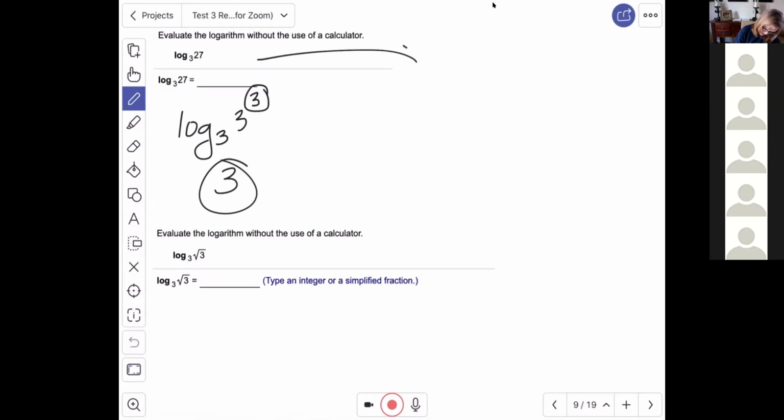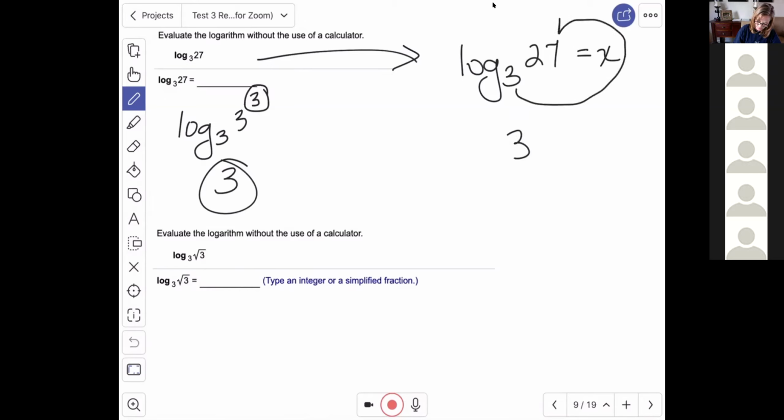There's another way of looking at it. If you want to solve it, you can set it equal to x, and then convert to exponential. If you start with the 3 and do this counterclockwise circle, 3 to the x equals 27.